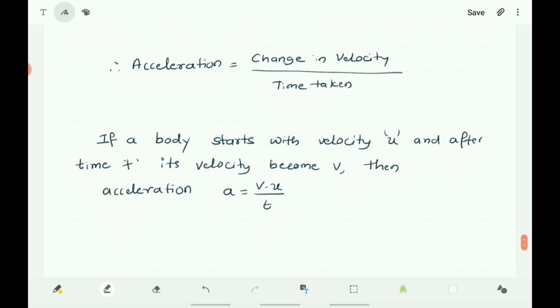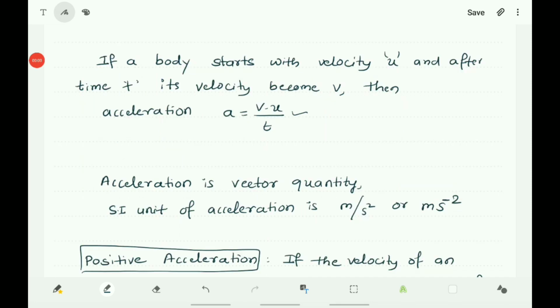So you can write a equals v minus u by t. Here u is the initial velocity, v is the final velocity, and t is the time taken.